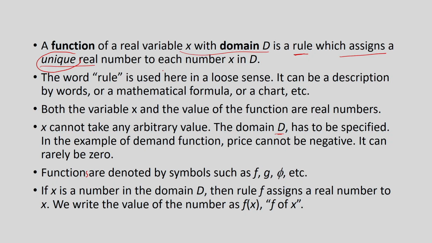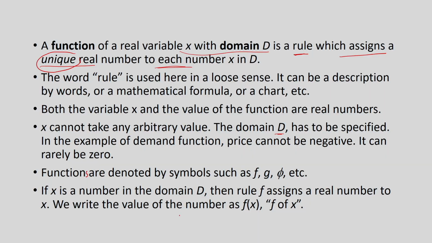Another thing to note in the definition is that for every element of D, the function, or this rule, should give you some unique value. We write the value of the number as f x or f of x.